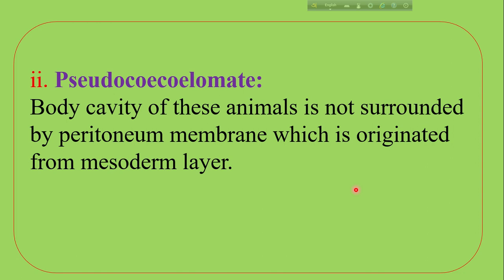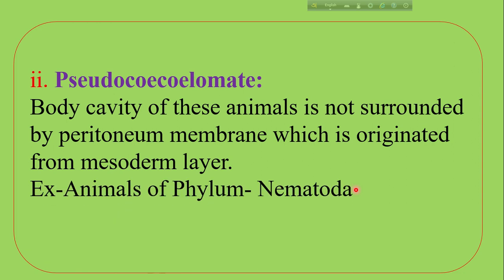That means they have a body cavity, but this body cavity is not surrounded by peritoneum membrane. That's why this type of animal is called pseudocoelomate. Example, animals of phylum Nematoda.